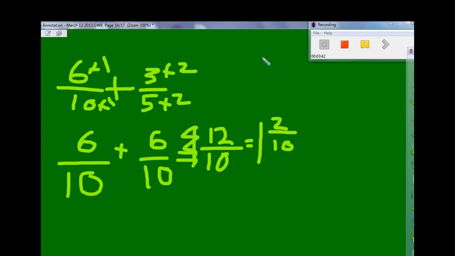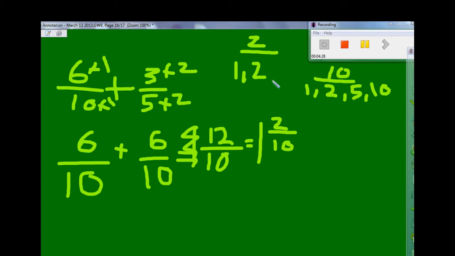For 2, you list the factors, and only 1 and 2 go into 2. But for 10, 1, 2, 5, and 10.